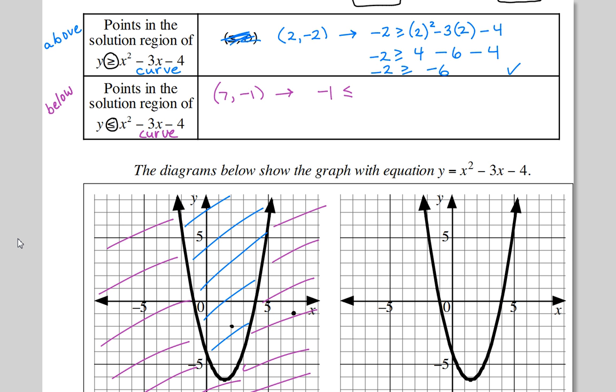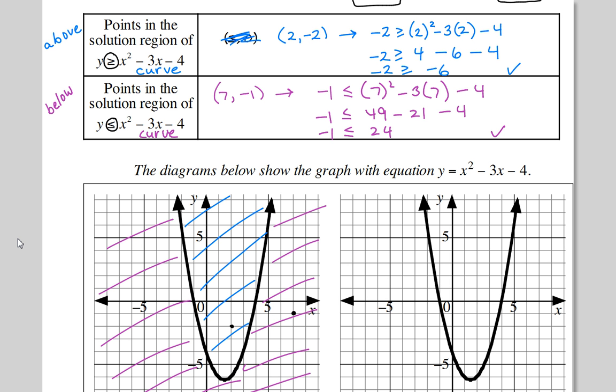Going to the algebra, we have negative 1, the y value, less or equal to x squared, so 7 squared minus 3 times 7 minus 4. Negative 1 less or equal to 49 minus 21 minus 4, which is 24. Is negative 1 less or equal to 24? Yes, we've shaded the right region.